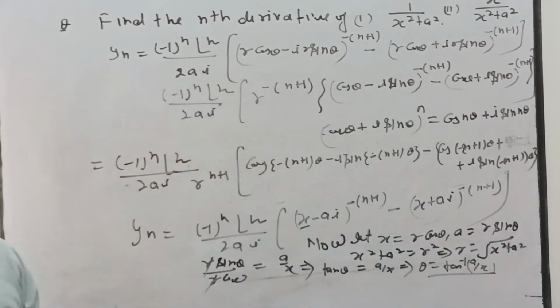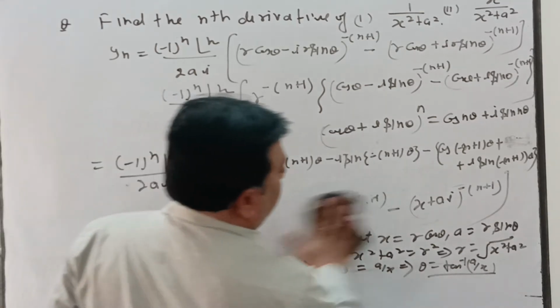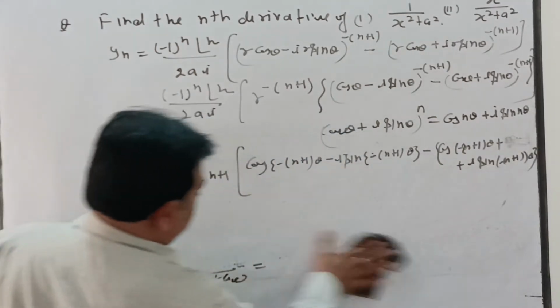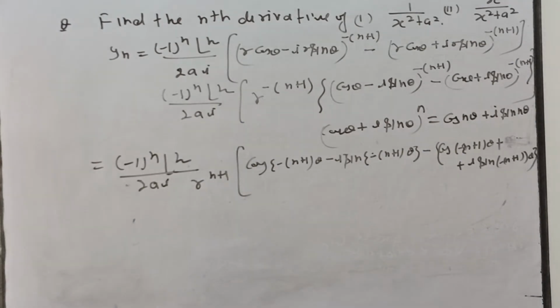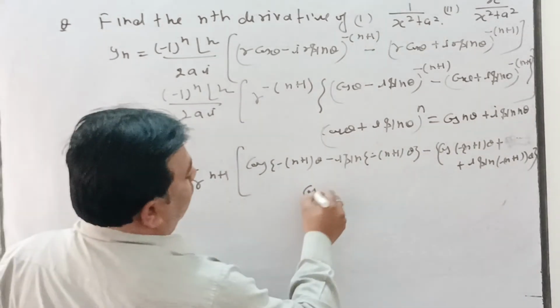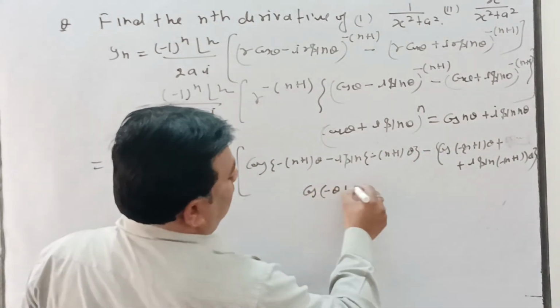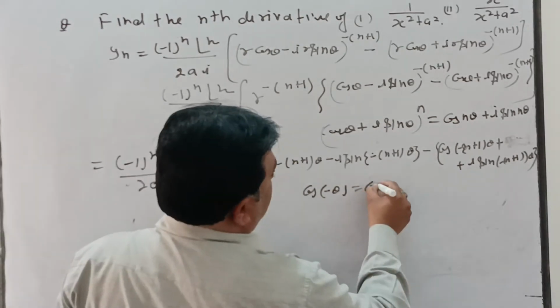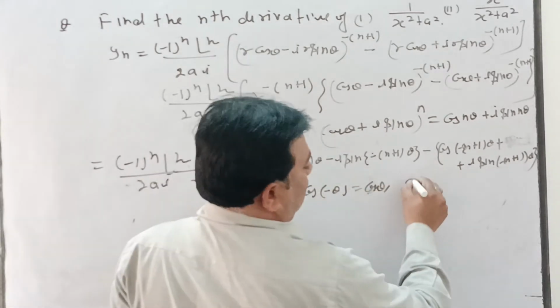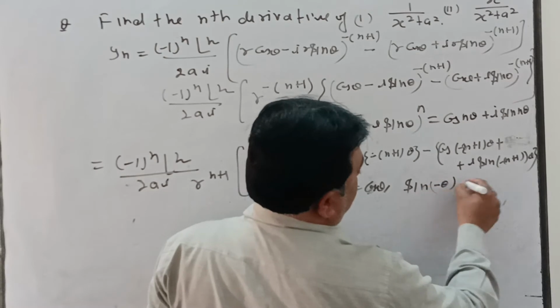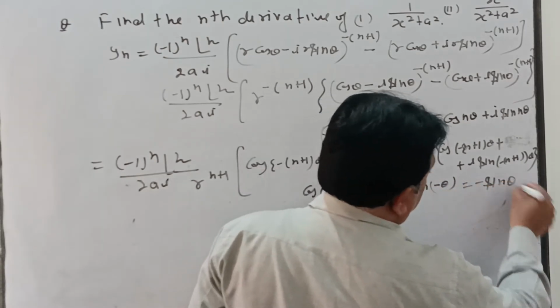Okay, by the De Moivre theorem we take the power as a multiplier of the angle. You know that cos of minus theta is also cos theta, but sin of minus theta equals minus sin theta.